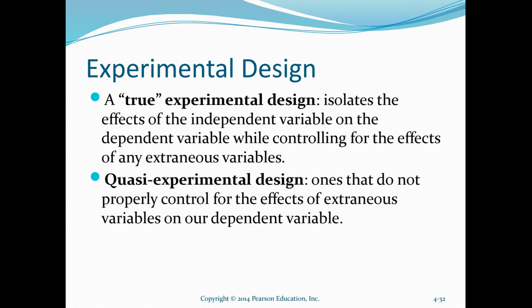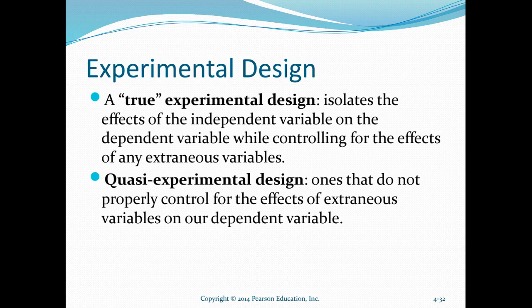Okay, in an experimental design, a true experimental design isolates the effect of the independent variable on the dependent variable while controlling for the effect of any extraneous variable. We already talked about extraneous variables. They can be age, they can be gender, and they can negatively affect the dependent variable.